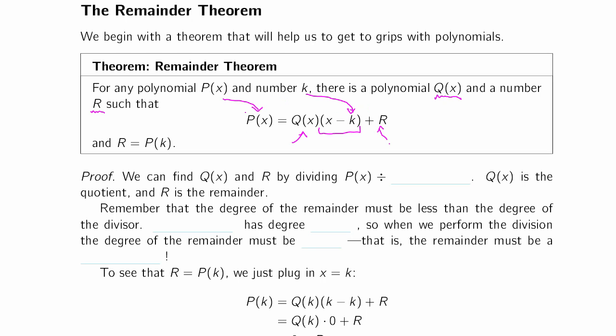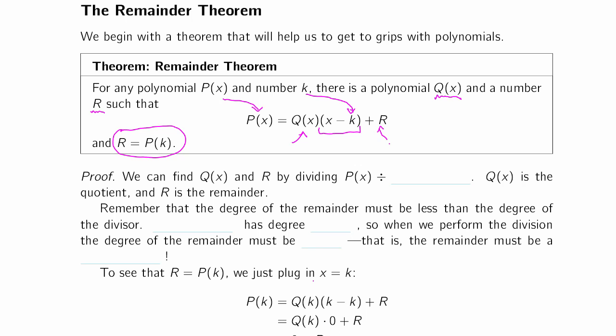Right, so this says if I give you p and k, you can find q and r. And furthermore, when you do that, r is the number that you get when you plug in k to the polynomial p.